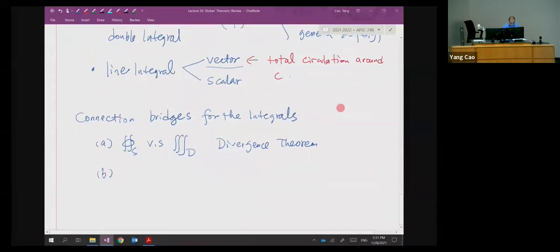And second is what we just illustrated, the Stokes theorem. It connects a single line integral, the vector line integral, with a surface integral. Right, so that's the Stokes theorem.